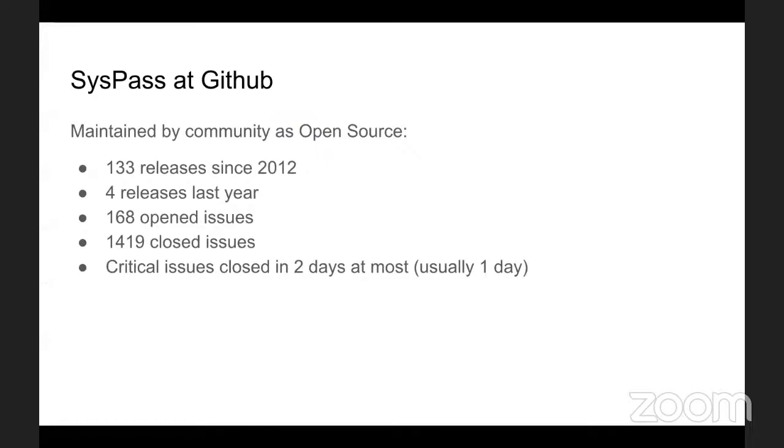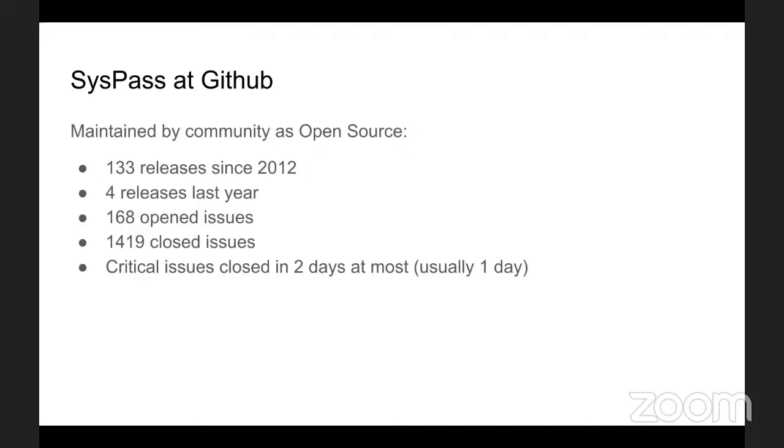Thank you. So let's start from the GitHub repository. It starts from 2012. It contains more than 100 releases, but only 4 in the last year. For now it says that it's still active, but not as active as in the past.